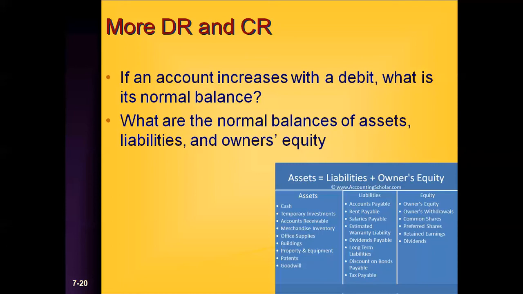So in accounting terms, whenever you see the acronym DR or CR, DR refers to debit and CR refers to credit. So if an account increases with a debit, what is the normal balance, a debit or a credit? In this particular question, it would be considered a debit.